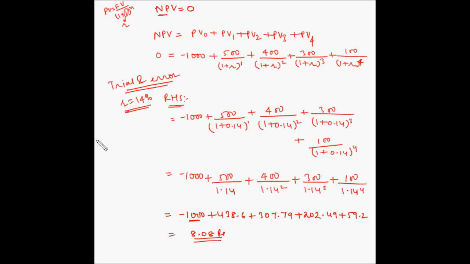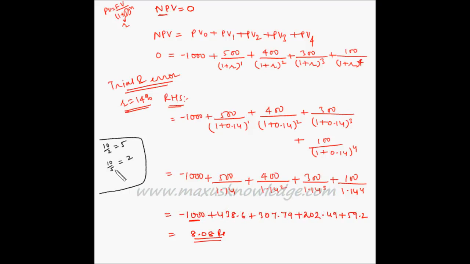So just to understand the concept that I'm talking about, where we have to lower or increase the denominator, let's say you have 10 divided by 2. So this is equal to 5. Now if we increase the denominator, we get 10 divided by 5, and here we get 2.